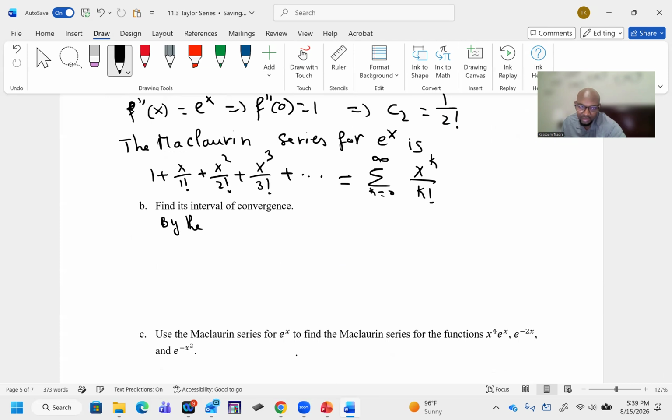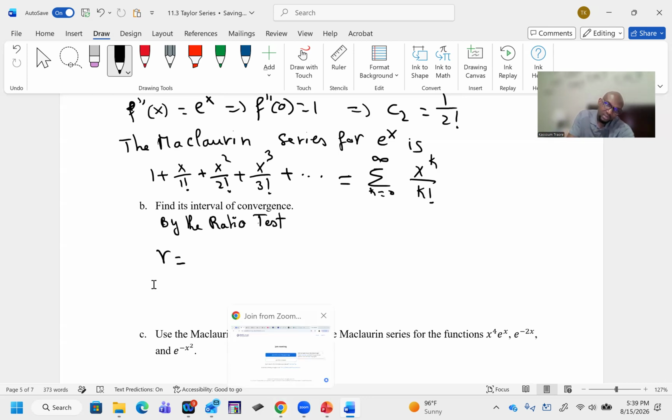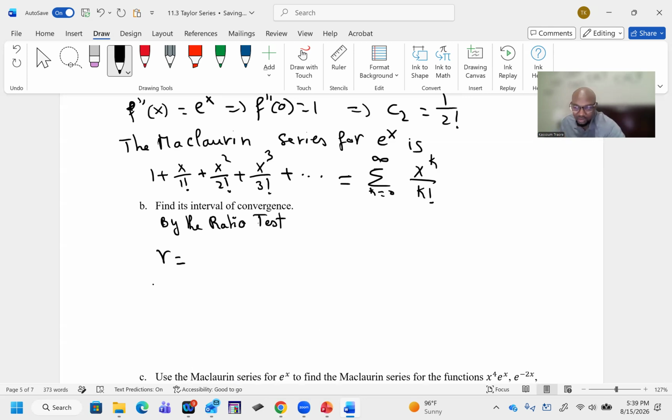By the ratio test, R will be equal to the limit of the absolute value of a sub k plus 1, which is x to the power of k plus 1 divided by k plus 1 factorial, over a sub k, which is x to the power of k divided by k factorial, as k approaches infinity.